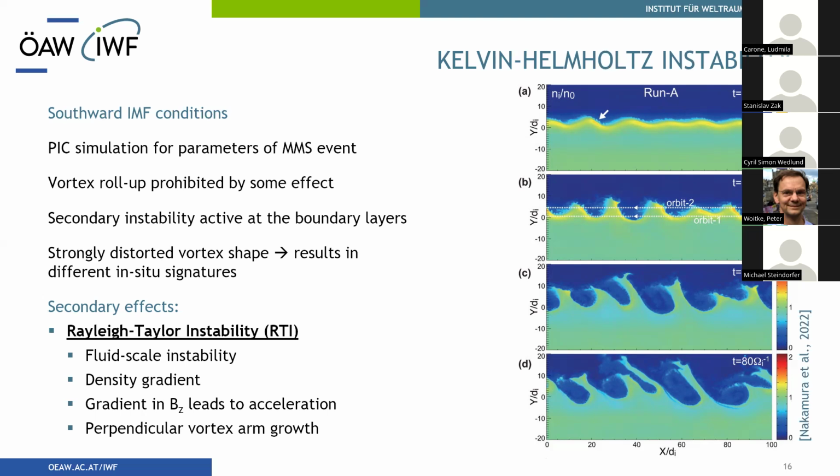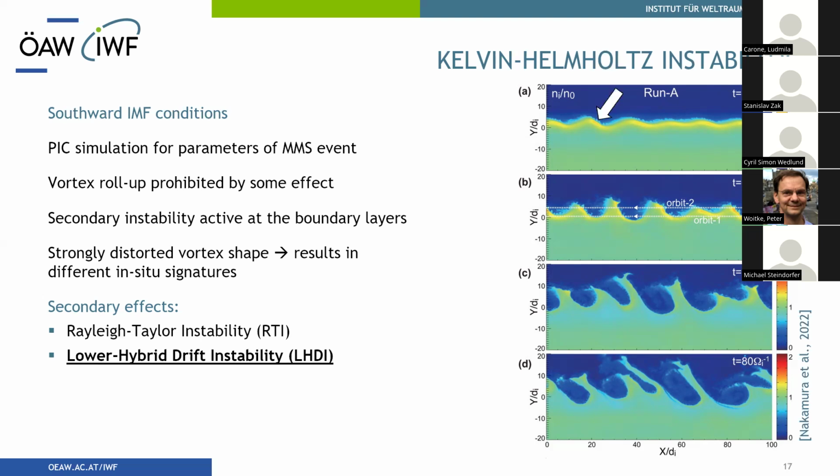If you think that the Rayleigh-Taylor instability informs these vortices, and you would fly a spacecraft through these vortex structures, you would not see a very regular shape, but very irregular shapes. I will show you this later in the spacecraft data. The second effect that we also identified is the lower hybrid drift instability.